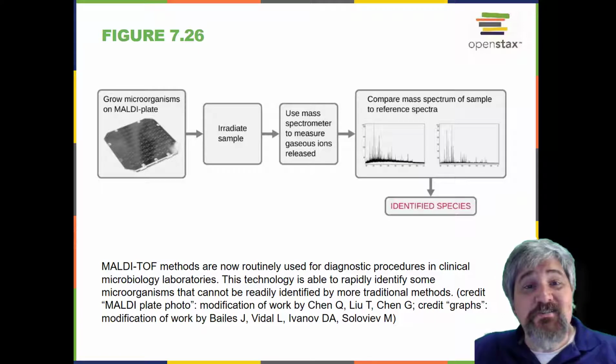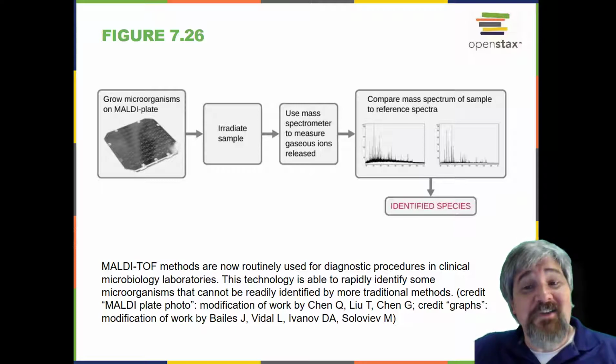The sample reagent mixture is irradiated with a high-intensity pulsed ultraviolet laser, resulting in the ejection of gaseous ions generated from the various chemical constituents of the microorganism. These gaseous ions are collected and accelerated through the mass spectrometer, with ions traveling at a velocity determined by their mass-to-charge ratio, m/z, thus reaching the detector at different times.